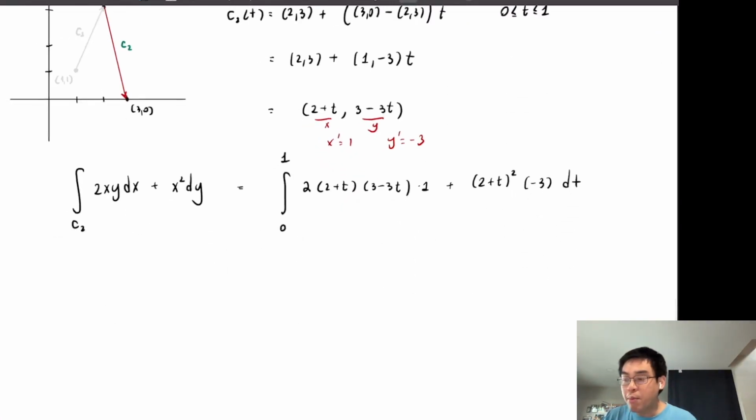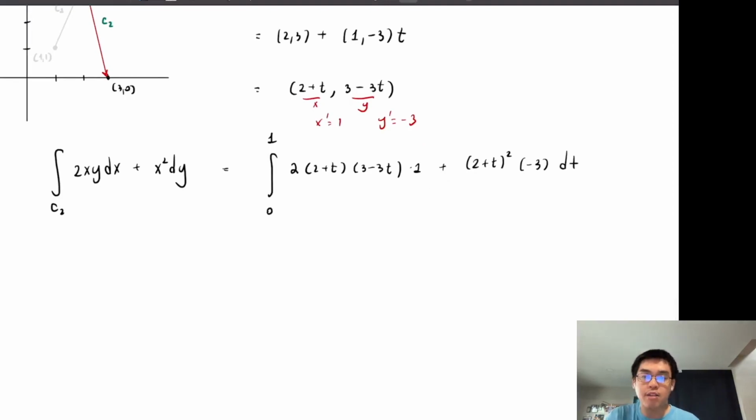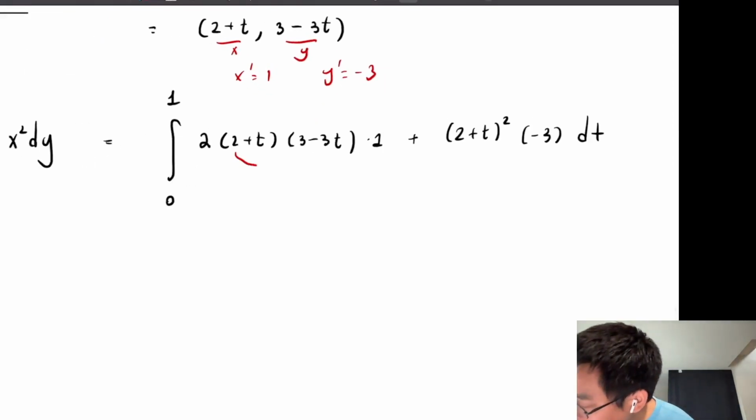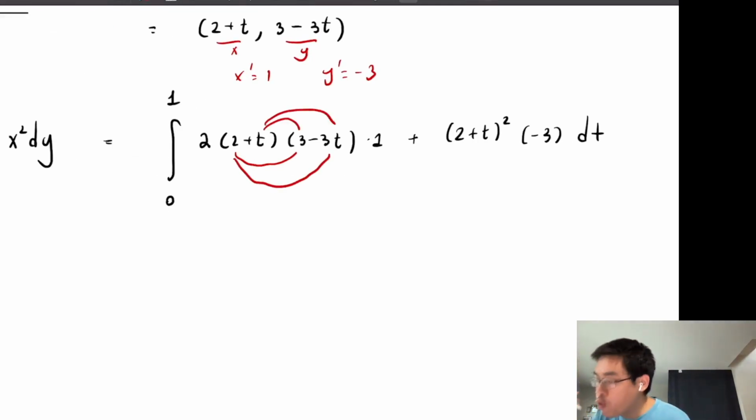All right, I'm just going to do one more line and leave everything else as an exercise, just like before. But let me FOIL this out again for you. If you do front to front, front to back, back to front, and back to back, you get 6, right? That's front to front. Front to back, you get minus 6t. Back to front, you get 3t.